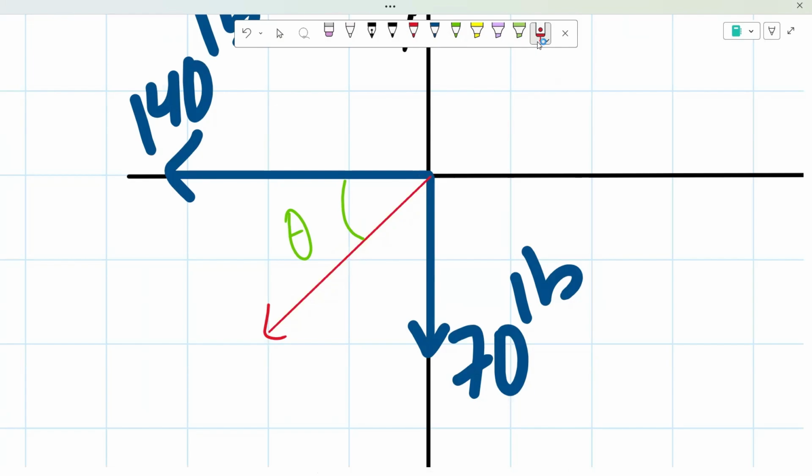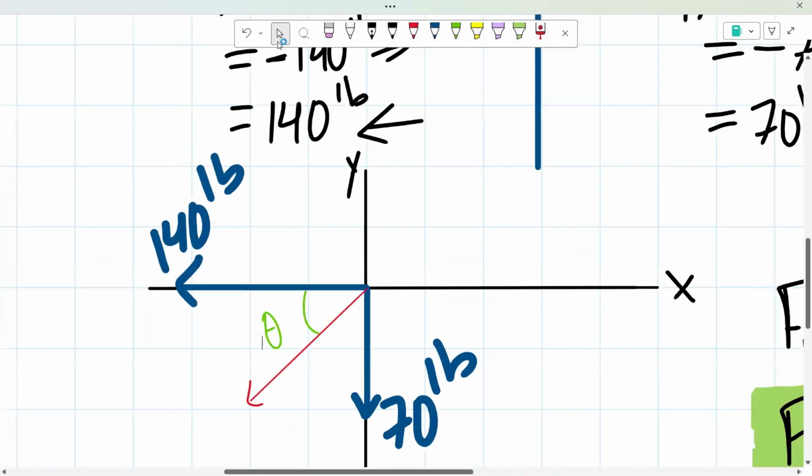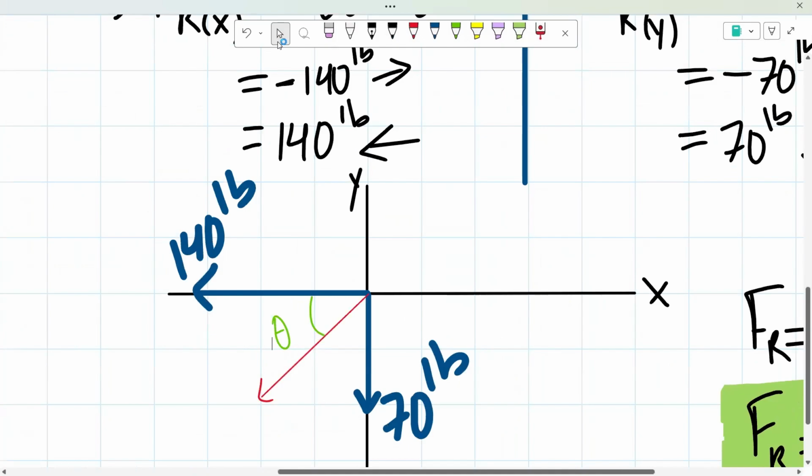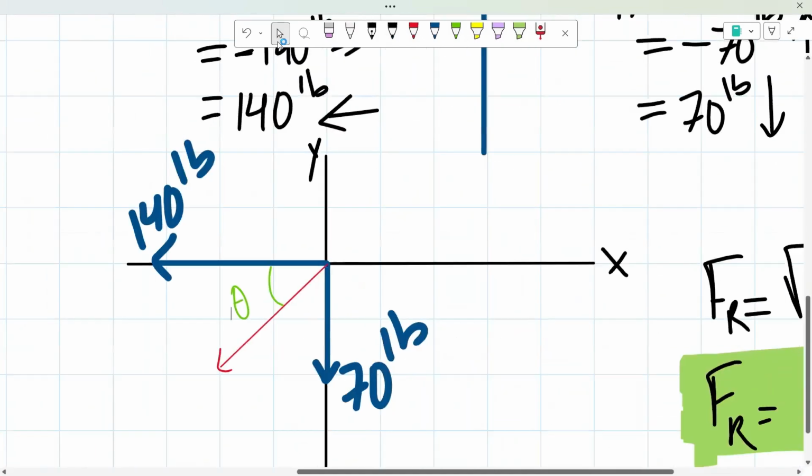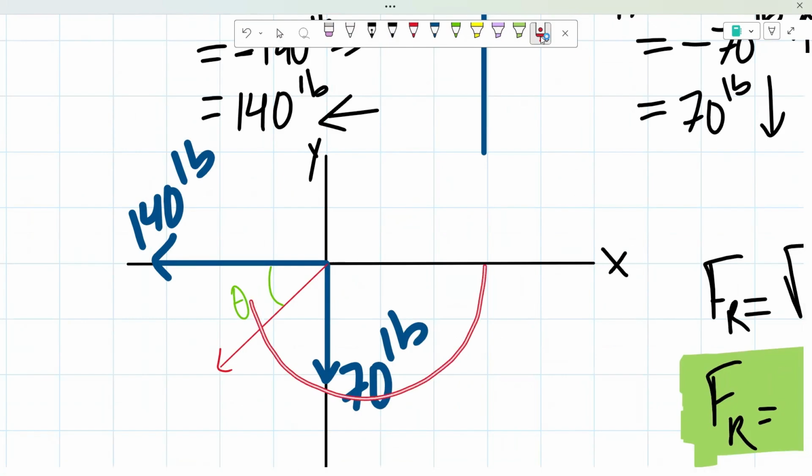When we find our direction, we always want to start off at our positive x-axis, and then from there we could either deal with this going clockwise, so find the angle like this angle plus this angle, and that would give you the direction, or we could find this angle going counterclockwise as well.